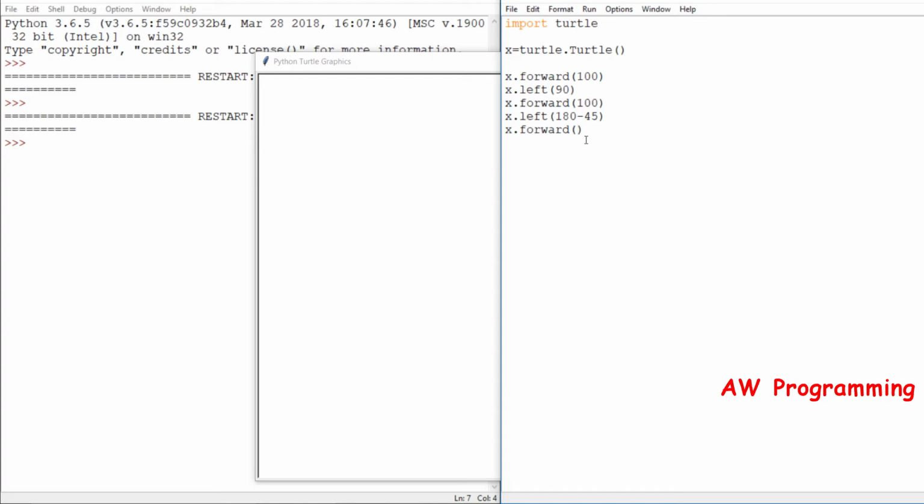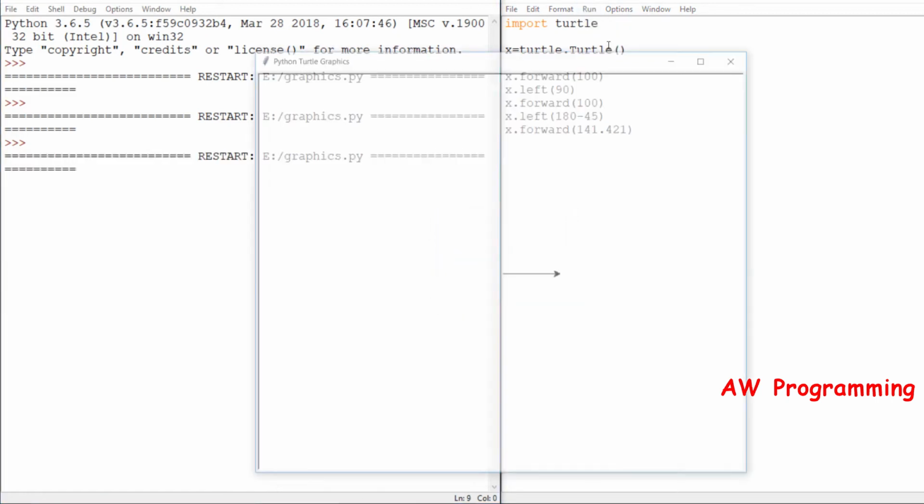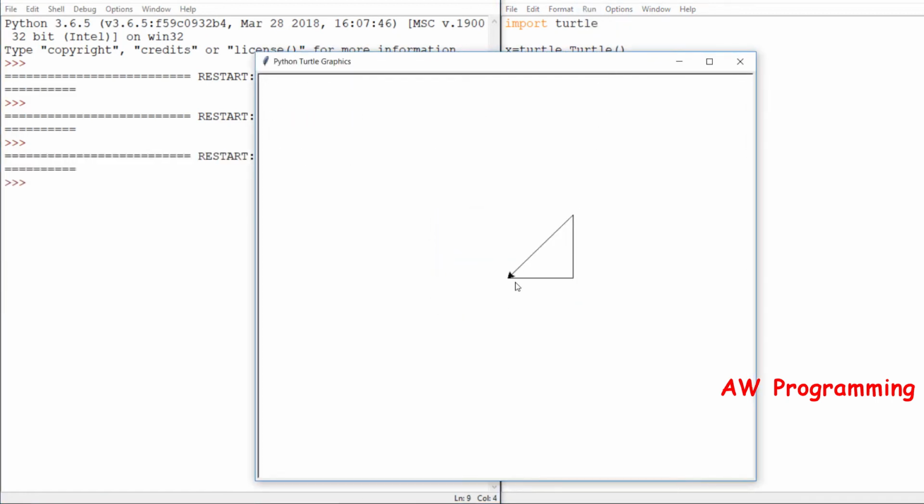It will come out to be approximately 141 point something, let's just say 141.421. And let me just run it. And yes, as you can see, we get an approximately right angle triangle.